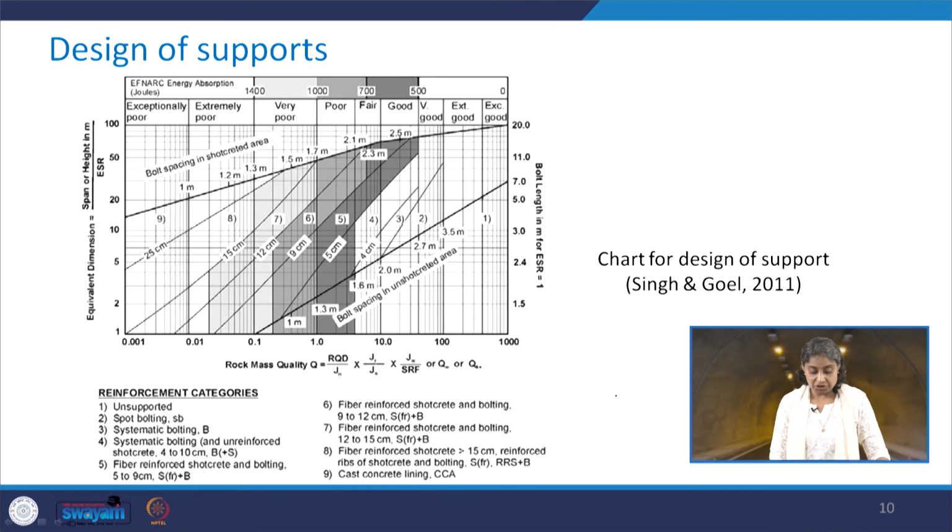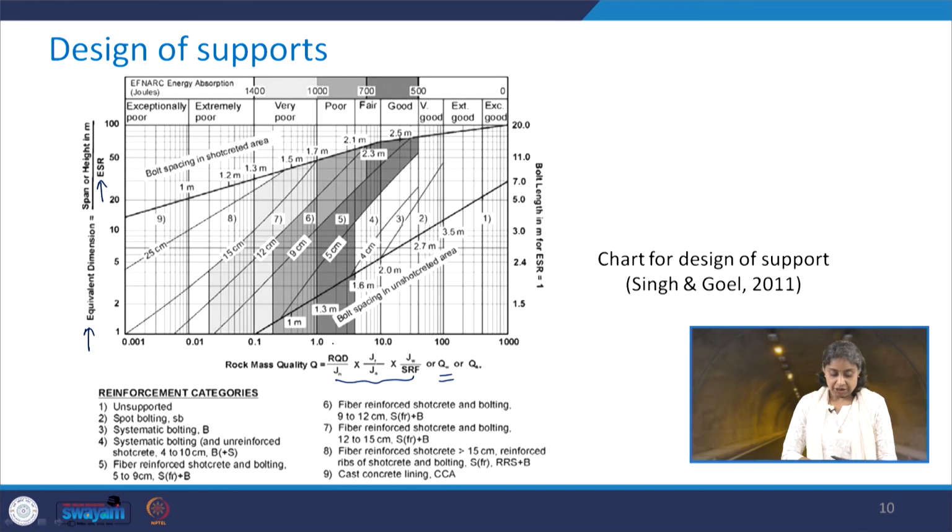How? Take a look here. On the x-axis you have either Q or QW. On the y-axis you have the equivalent dimension, which we defined as span or diameter or height in meter divided by the value of ESR.